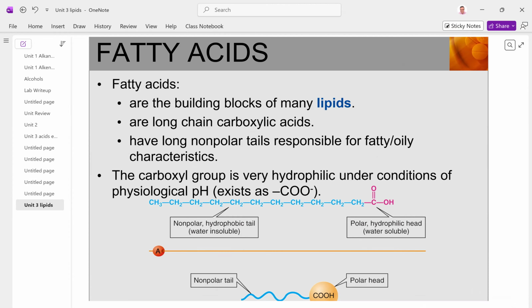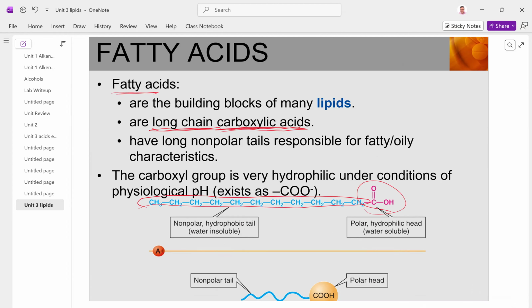Fatty acids basically are long chain carboxylic acids. So we've got the long chain, and then we have the acid component.